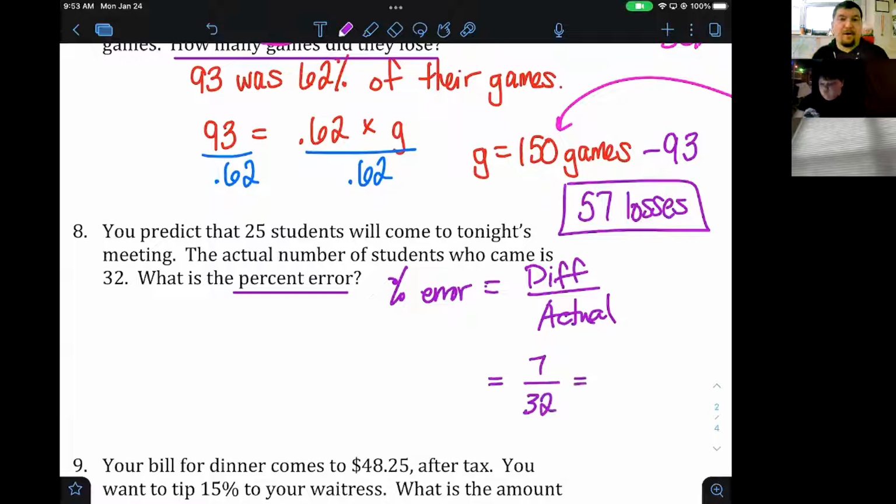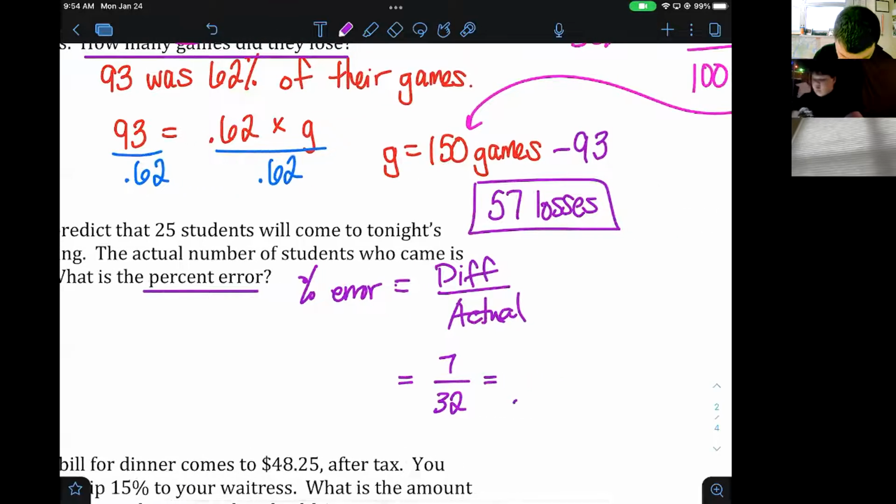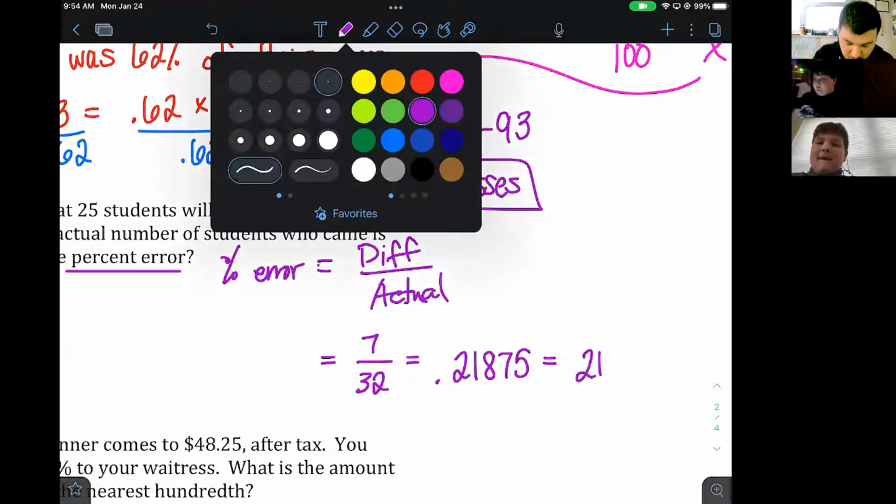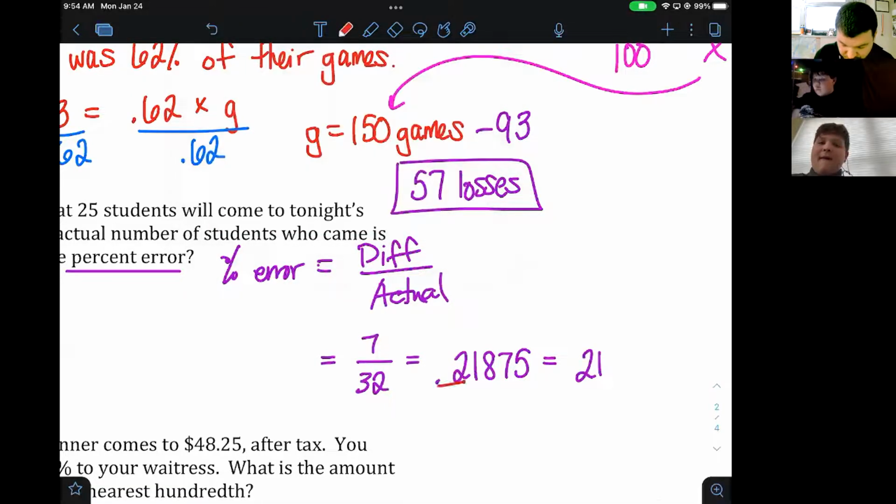So we'll turn 7 over 32 into a decimal by doing top divided by bottom. And then we'll turn that into a percent. So it's percent error and not decimal error. That's going to be 21. And then if it doesn't tell you what to round to, a good rule of thumb is just round to 1 decimal place after that.